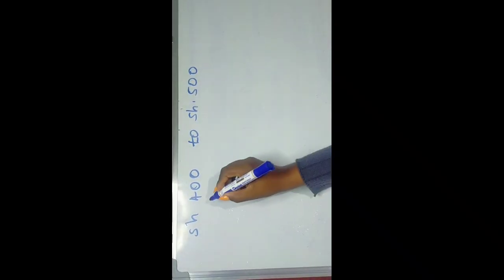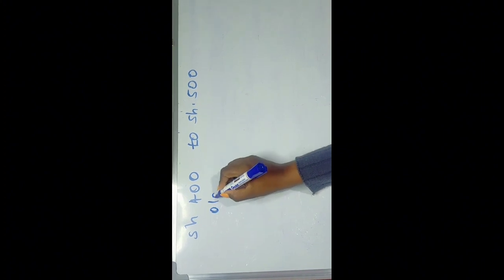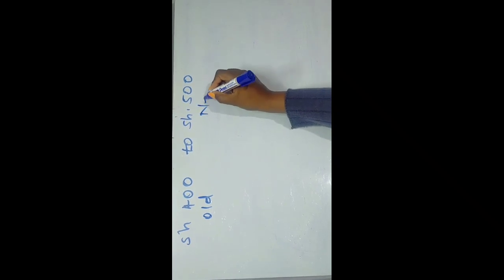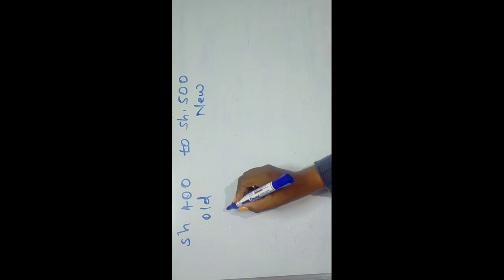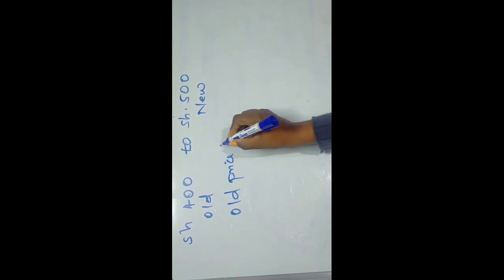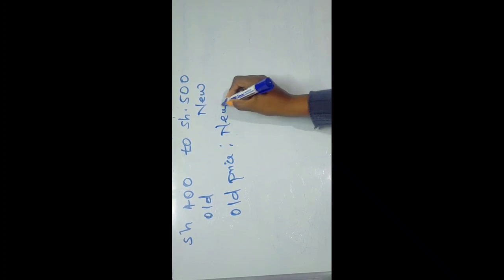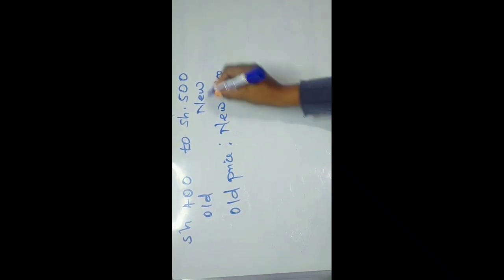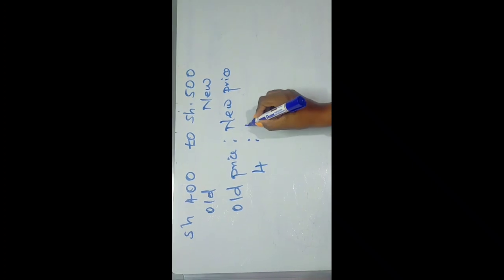Now in this question, the old price of the bag is 400 and the new price of the bag is 500. So the ratio of old price to new price is 4:5.